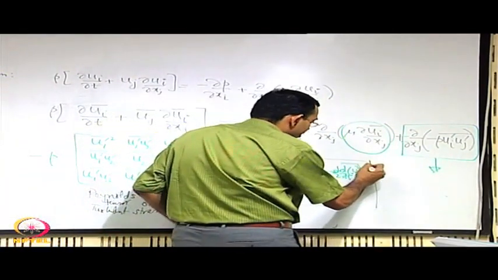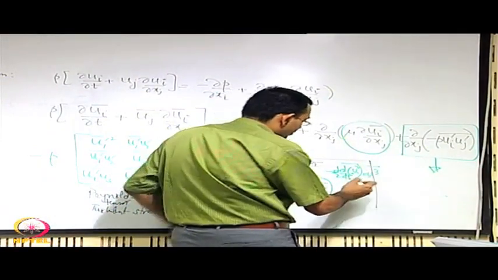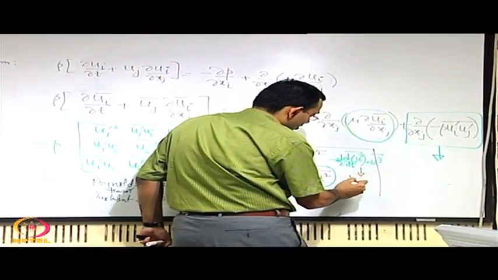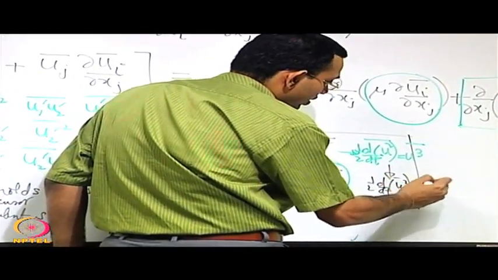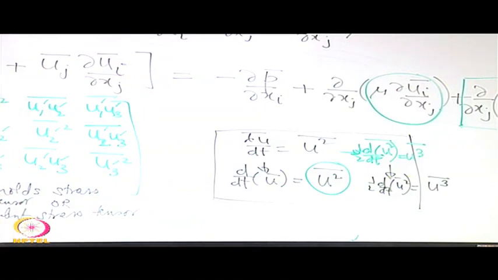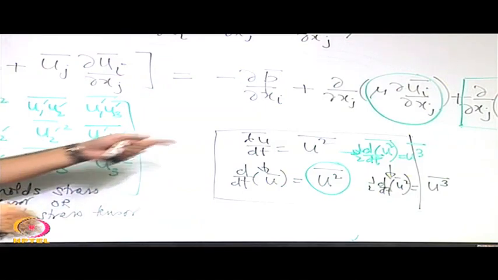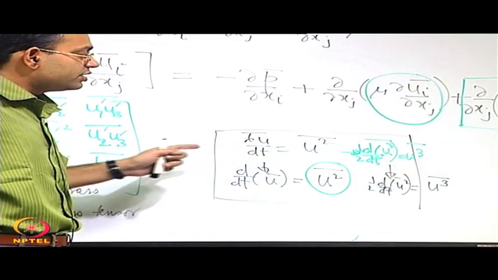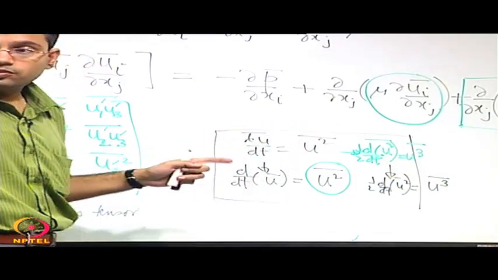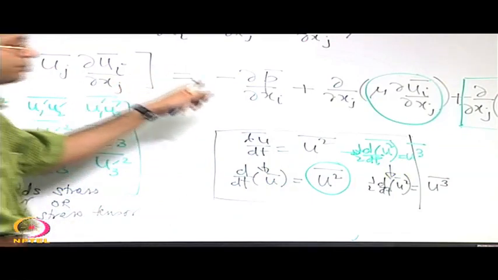Then if you average it, yes, you get a governing equation on averaged u squared, but you get a new variable, averaged u cubed. So, at every stage you try to do statistical averaging, you find it tremendously difficult to close the system of equations, and that is precisely what is happening here.